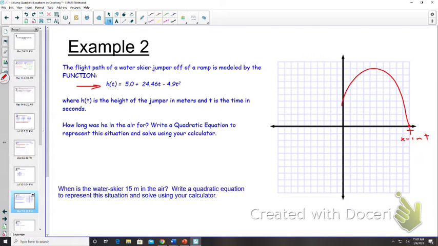Y is equal to 0. Very good. So we're going to rewrite this as a quadratic equation: 0 is equal to, and I'm going to rearrange this from highest degree to lowest degree. So negative 4.9 t squared plus 24.46 t plus 5.